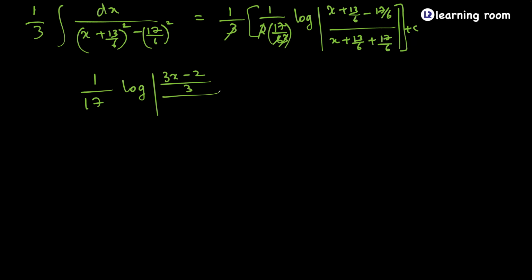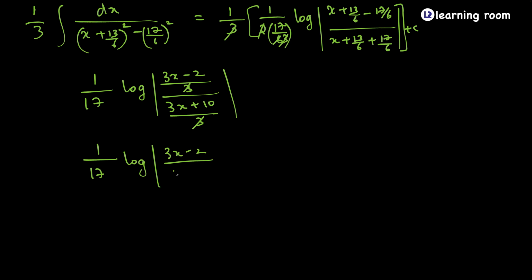So 30 by 6, 5, but you can write it as 10 by 3. Okay, so that you will have 3x plus 10 the whole divided by 3, so that I can cancel this 3 and this 3. Makes sense? Right? So this is going to be 1 by 17 into log of mod 3x minus 2 divided by 3x plus 10 plus c. Is that clear? Right? So this will be the answer.